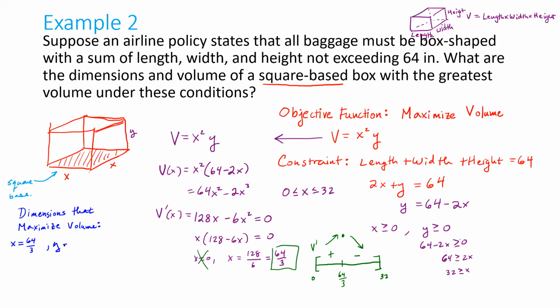And then plugging back into y equals 64 minus 2x, I think we get the same thing, 64 over 3. So that means it's actually a cube, right?